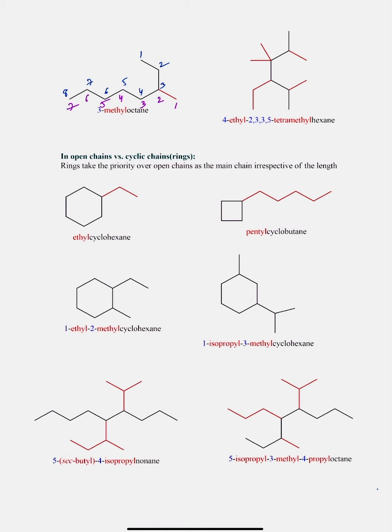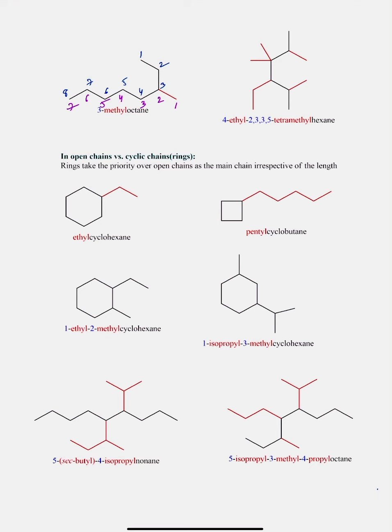So which is to be taken as the longest chain? This chain is supposed to be taken as the longest chain, or the backbone of the compound, and this is to be considered as the substituent, and not this as the longest chain and this as the substituent. So the correct name of this compound is what?